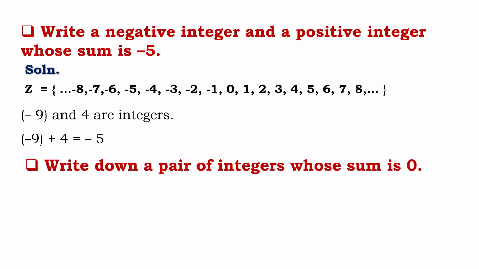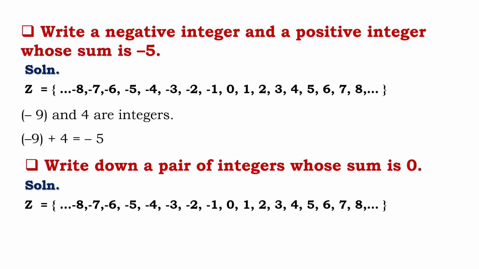Next, write down a pair of integers whose sum is 0. Solution, same, we know, integers number line. Then which numbers do we take? Yes, a number and its inverse. An integer and its inverse, their sum is always 0. We know that, that is additive inverse.